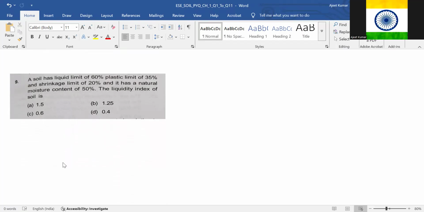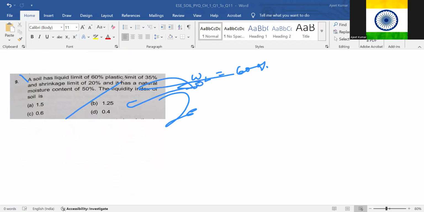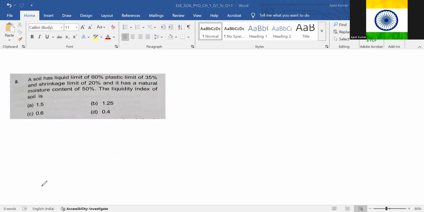In question number 9, a soil has a liquid limit WL of 60%, a plastic limit WP equal to 35%, and a shrinkage limit WS equal to 20%.